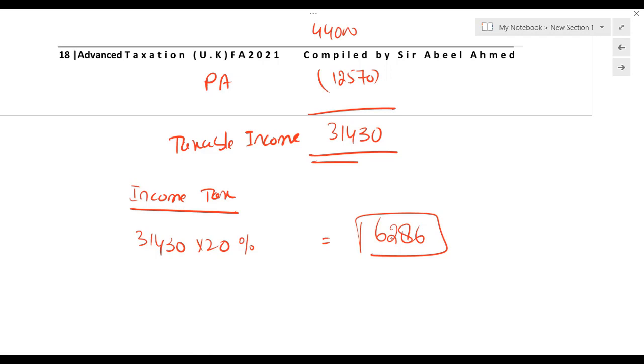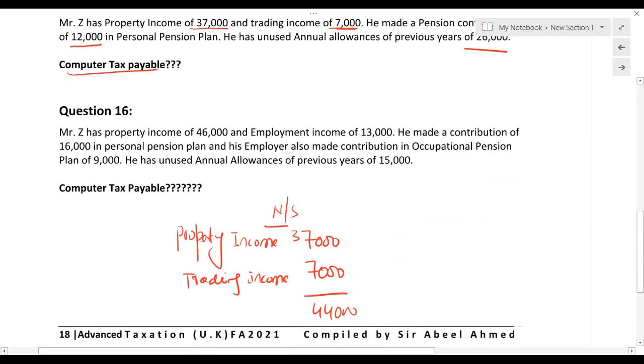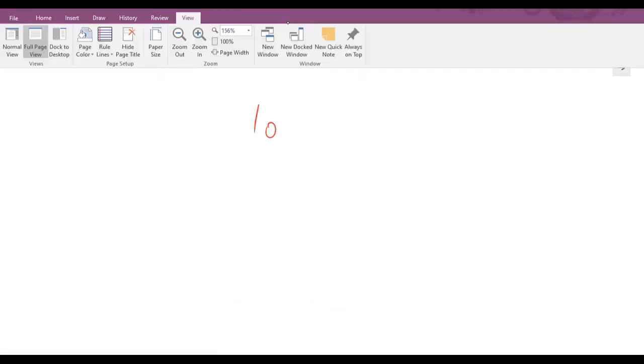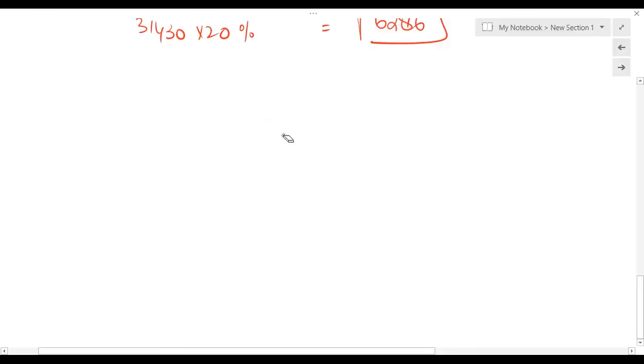Now let us check, just for the sake of our understanding, by what amount the band will actually increase. The rule says band will increase by the lower of gross PPC.